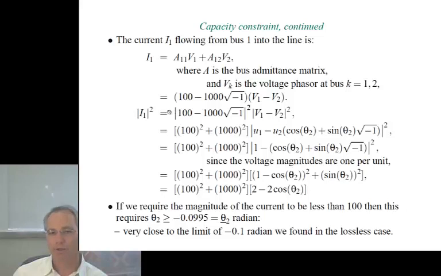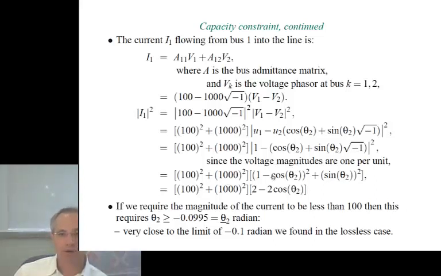The square of the magnitude of the current is the square of the magnitude of the admittance times the magnitude of V1 minus V2, all squared. With a bit of simplification, we can write this as a constant times the magnitude of 1 minus cos theta 2 plus sine theta 2 times square root of minus 1.